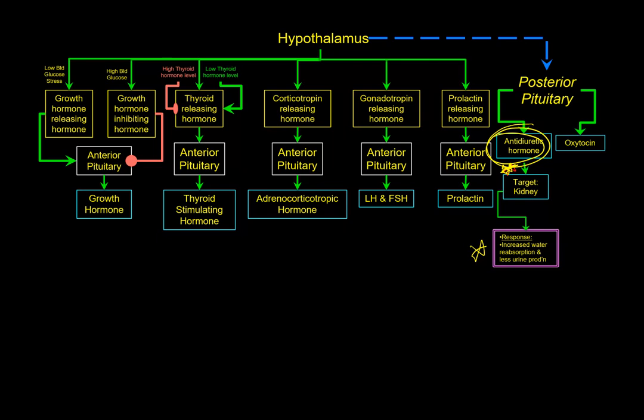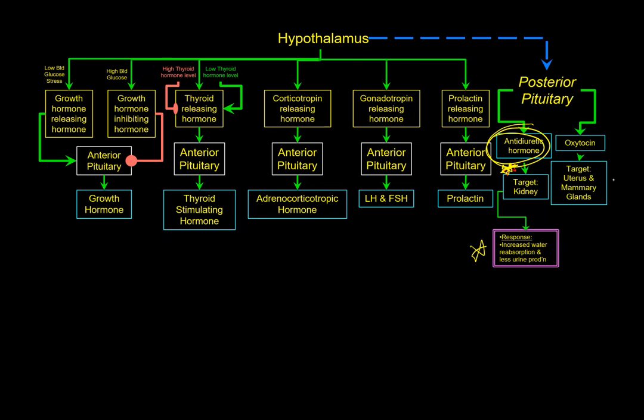By releasing antidiuretic hormone, we're basically making sure that we don't lose what little fluid we have. So when the fluid gets to the kidneys, we basically tell the kidneys, hey, bring that back. Don't let that go, bring that back. So we're reabsorbing fluid that got put there.